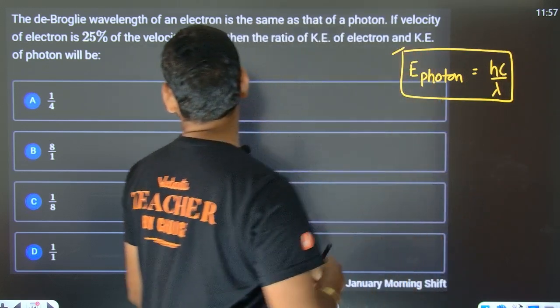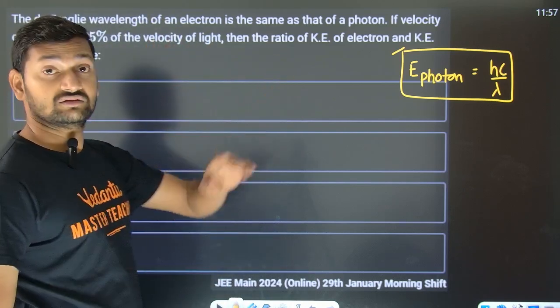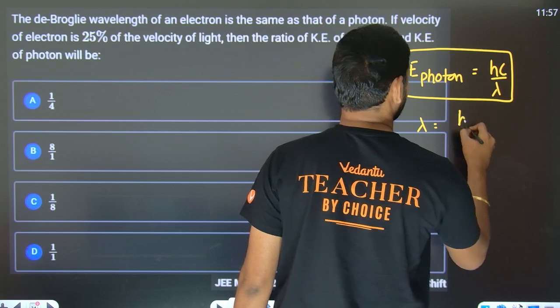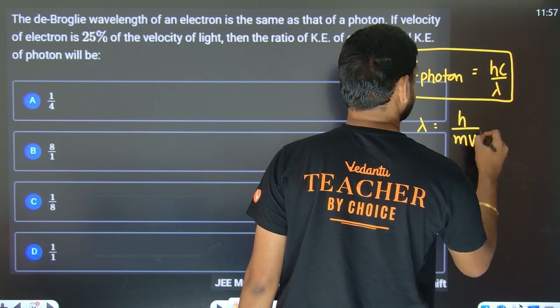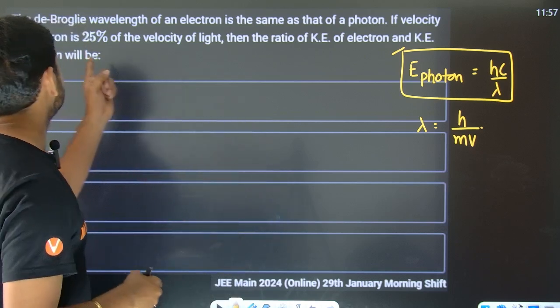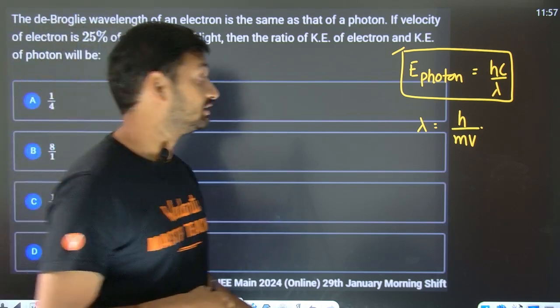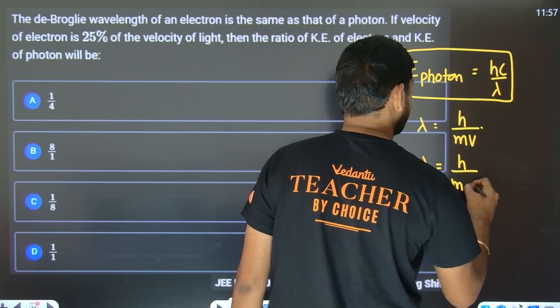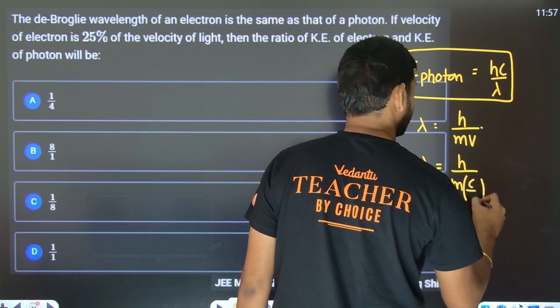Now what did they say? The de Broglie wavelength is same. That means same lambda is there. Lambda is going to be what? h by mv. And what is the v value they have given? The v is 25% of velocity of light. That means you can say this to be h by m into c by 4.